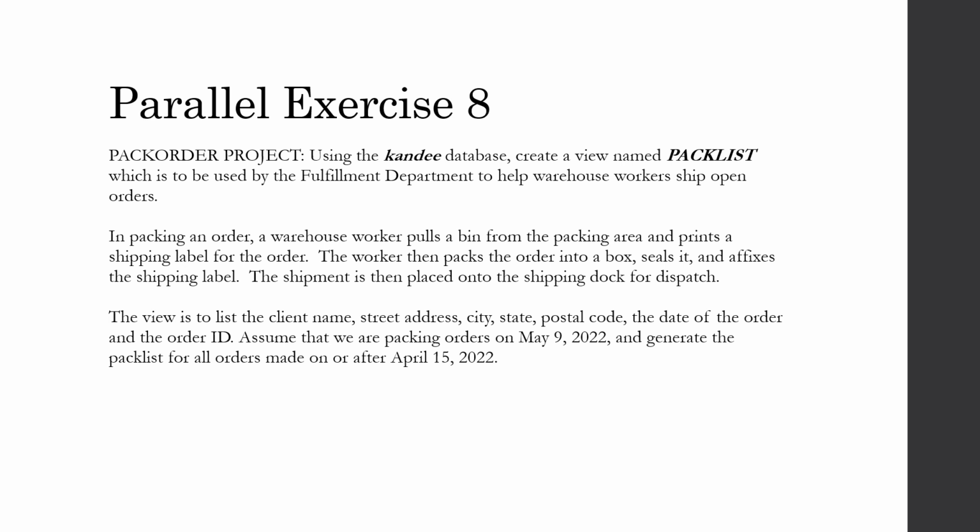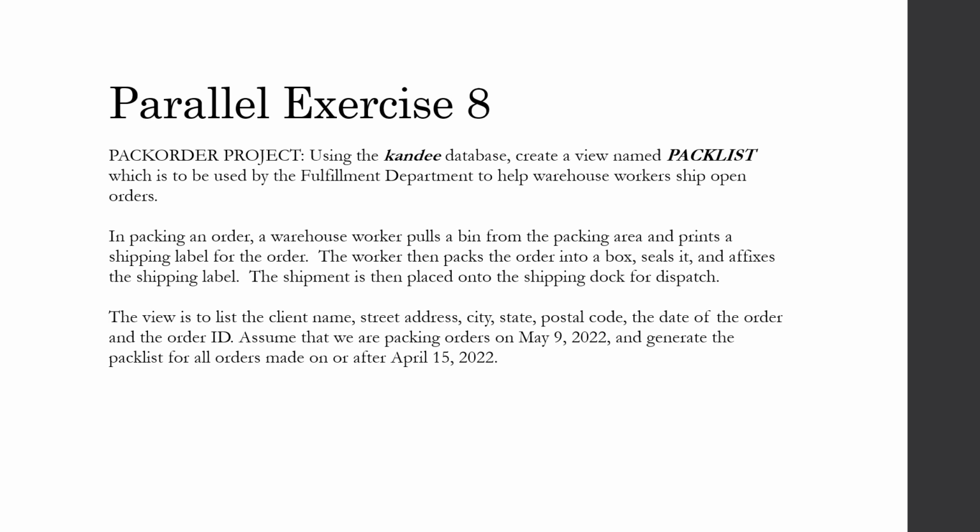Parallel exercise 8, Pack Order project. Using the Candy database, create a view named Pack List, which is to be used by the fulfillment department to help warehouse workers ship open orders. In packing an order, a warehouse worker pulls a bin from the packing area and prints a shipping label for the order. The worker then packs the order into a box, seals it, and affixes a shipping label.